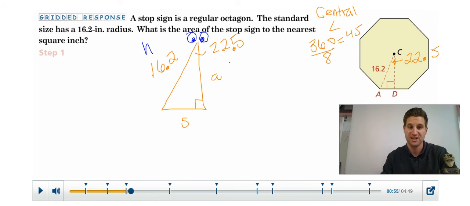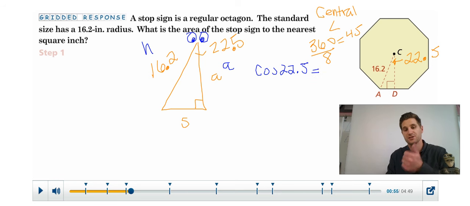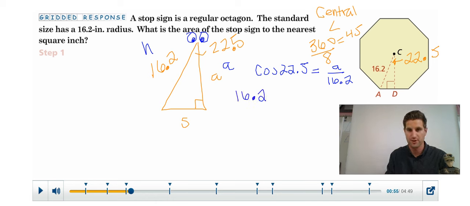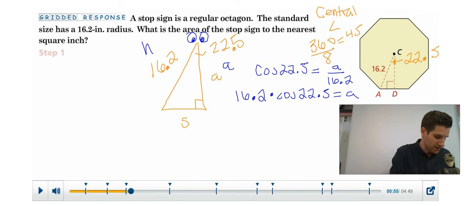So that's going to be HA. So we're going to do the cosine of 22.5 equals, it's adjacent over hypotenuse, so adjacent over hypotenuse. And we're going to multiply that 16.2 out, and we get 16.2 times the cosine of 22.5 equals A. So let's multiply all that in there, which is nice. 16.2 times the cosine of 22.5, and we get about 14.9.